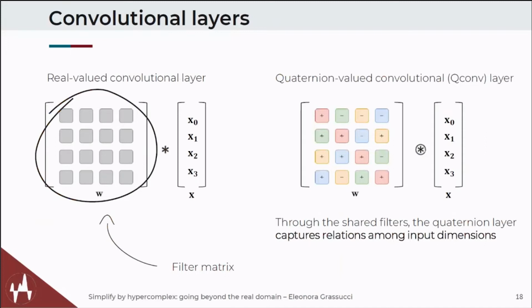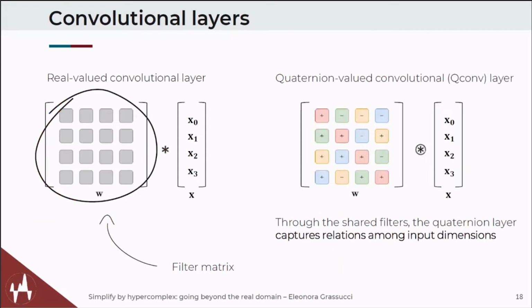As well, when we talk about convolutional layers, now W is a matrix containing filters for the convolution. Likewise, the convolutional layer in the quaternion domain contains a batch of filters as real-valued coefficients in the quaternion and can be organized as follows. Through this organization, quaternion layers can share filters and weights for each quaternion input dimension.